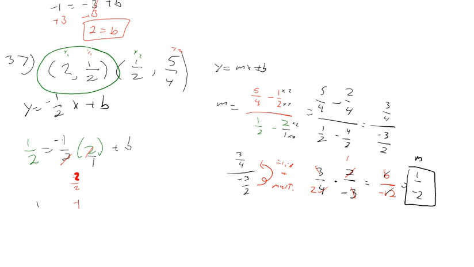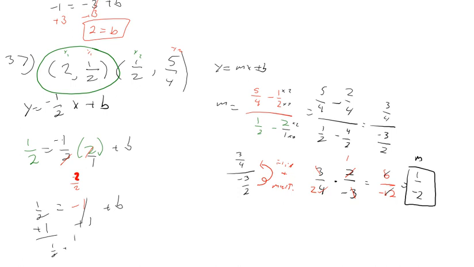Add 1 to both sides to simplify. And 1/2 plus 1. Again, we've got fractions. I make this 1 a 1 over 1.